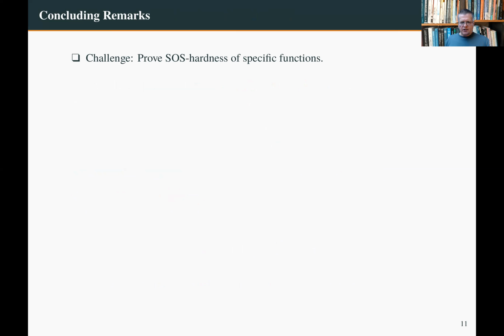Yeah, what is the challenge now to really prove lower bounds for sum of square representation? I can also give you a bunch of candidates where we think they should have support size around d.